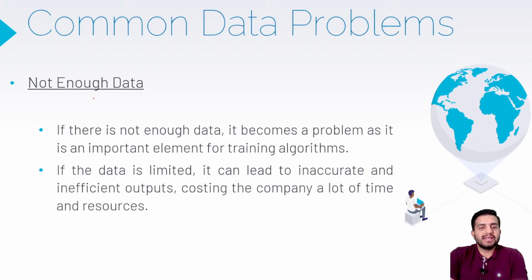When I say not having enough data, it becomes a very big problem, because if you do not have enough data, then generalizing the trend for any of your training ML algorithms becomes a challenge, as you might not have sufficient data points to generalize this logic or the patterns.